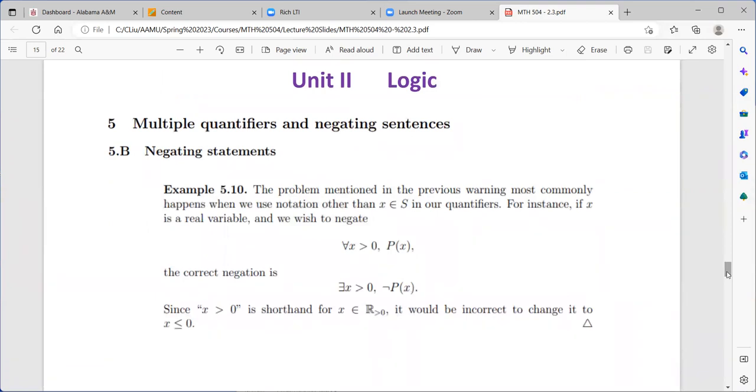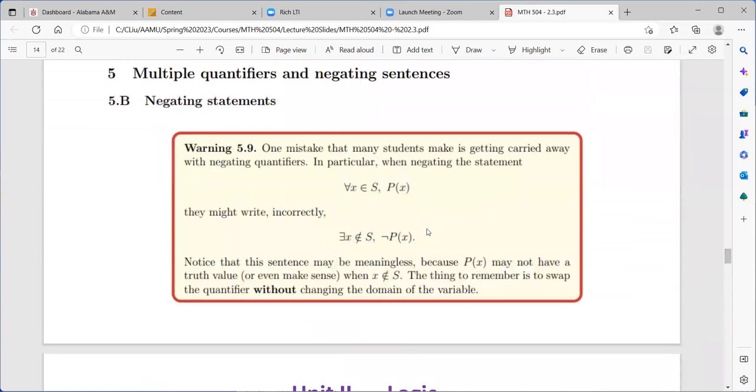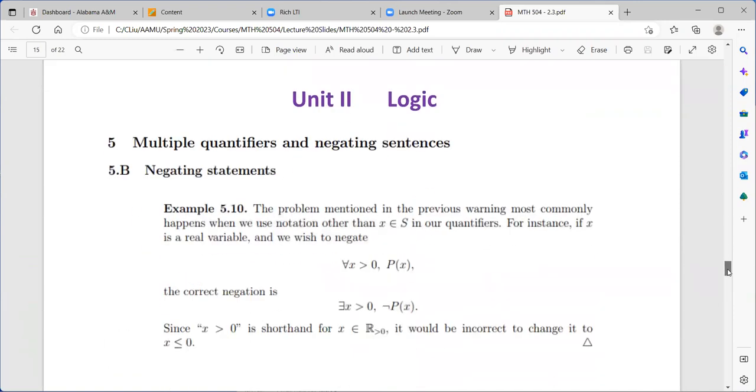Okay, let's look at one more problem. Okay, so this kind of problem, you change the belonging to or other parts of the quantifier. It happens usually when you have some other notations, other relations.